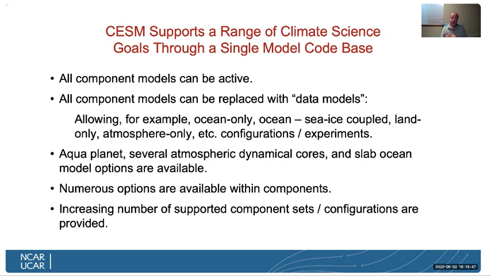Each component model contains numerous options and parameterizations, and we are continuously increasing the number of supported component sets and configurations. So it's a very comprehensive, I would also call it a bit complicated, modeling system.